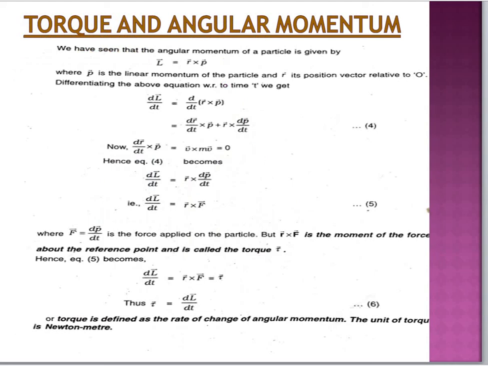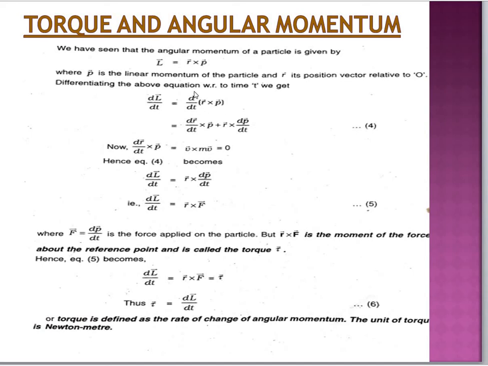Now let us derive an important relation connecting torque and angular momentum. We know that the angular momentum is given by the moment of linear momentum, that is r cross p, where p is the linear momentum of the particle and r is the position vector. When we differentiate this equation, you will get dL by dt is equal to d by dt of r cross p.